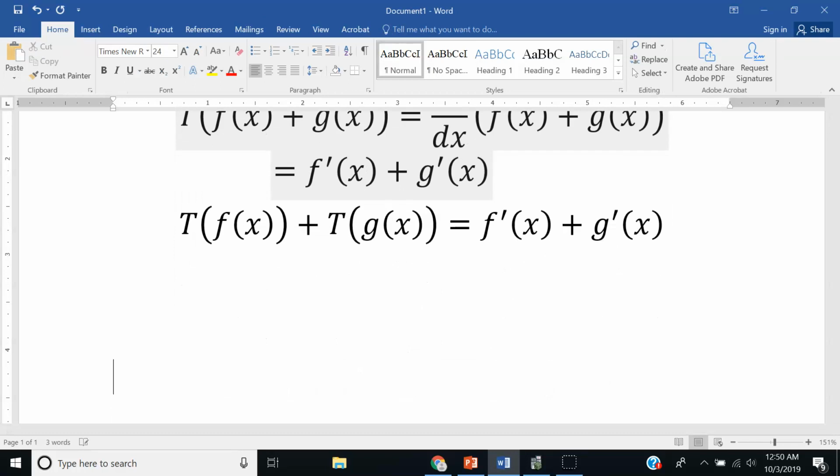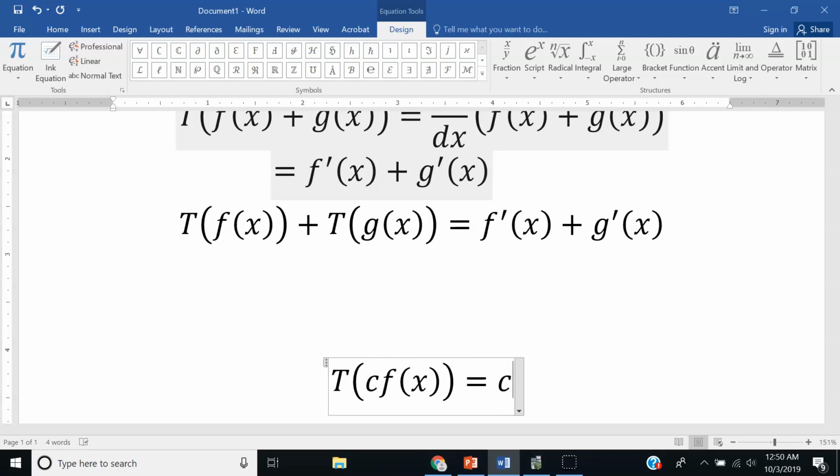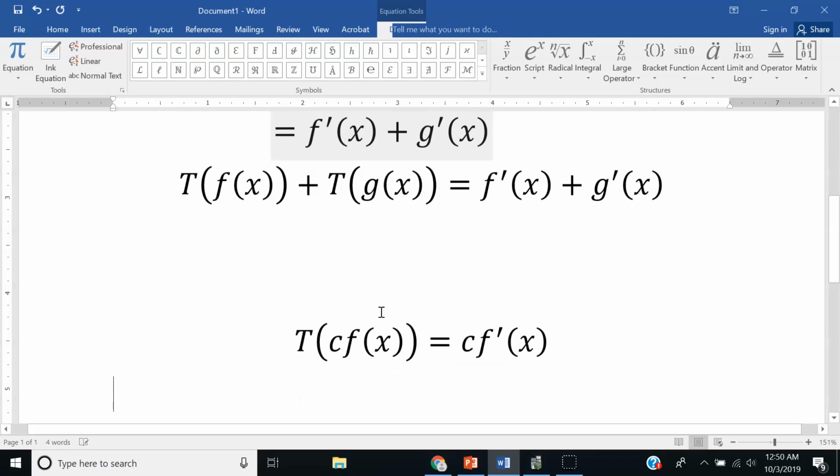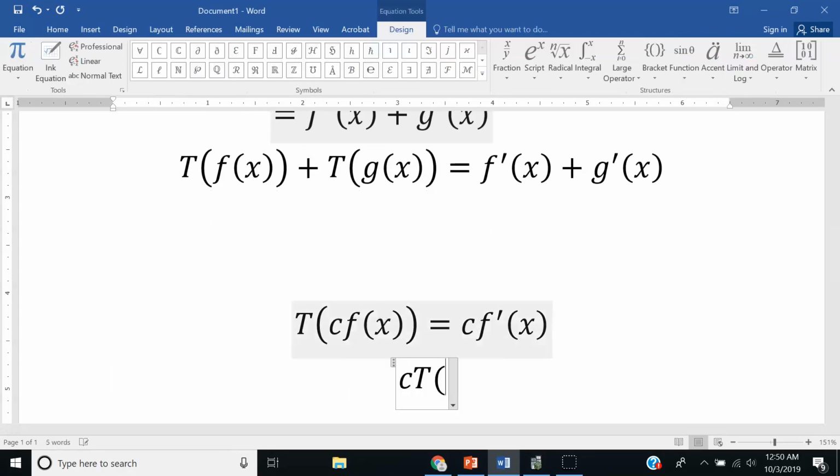Now, does a derivative preserve scalar multiplication? Well, yes, we know it does. So if we take a scalar times a function and we want to find the derivative, that's the same thing as a scalar times f prime. And obviously, that is going to be the same as scalar times the transformation.